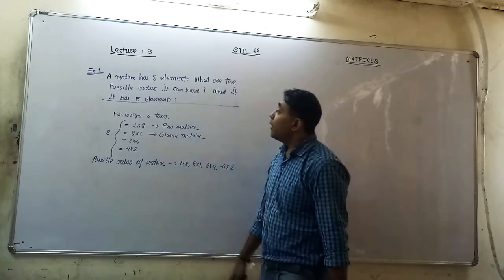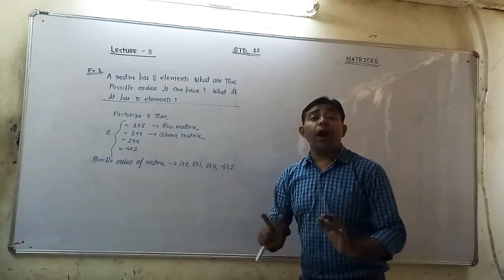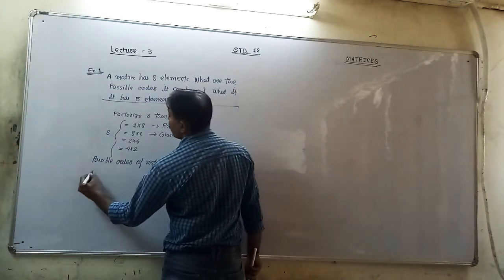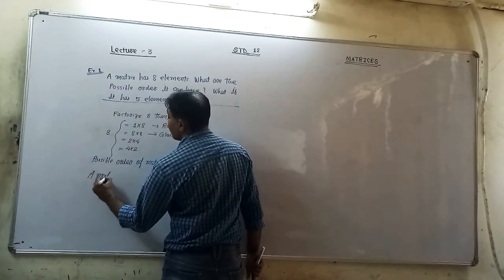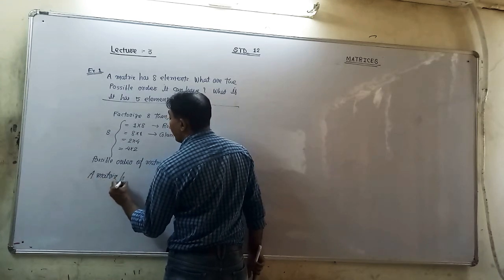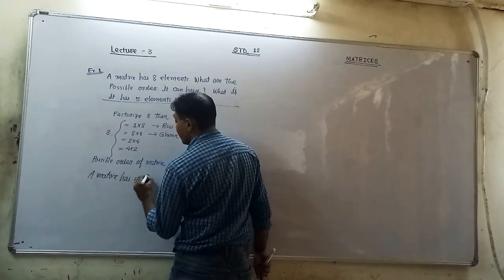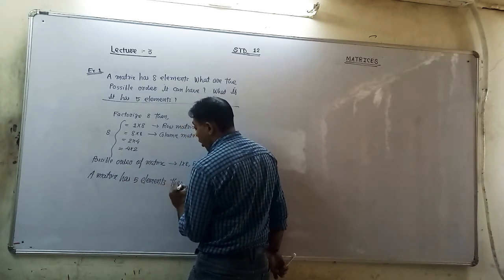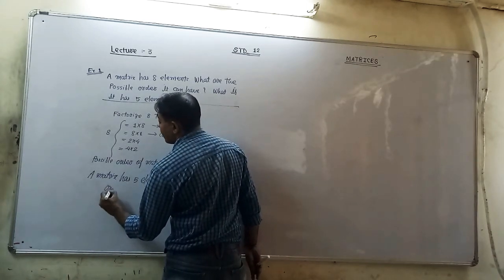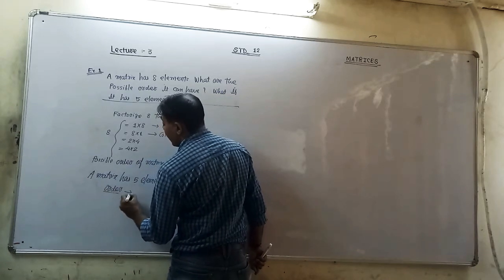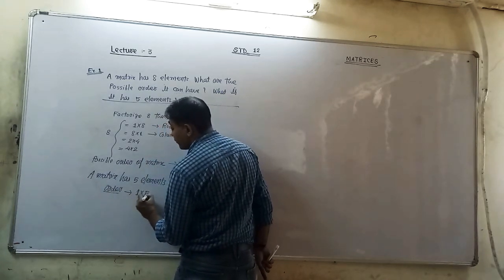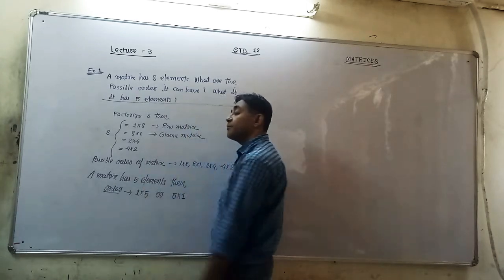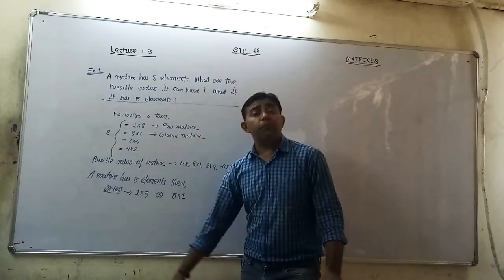Very easy. Now suppose a matrix has 5 elements, then what happens? Then the order is very obviously either 1 cross 5 or 5 cross 1. Only 2 possibilities, because 5 is not divisible by any other number.